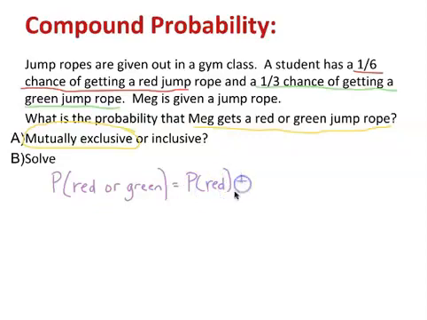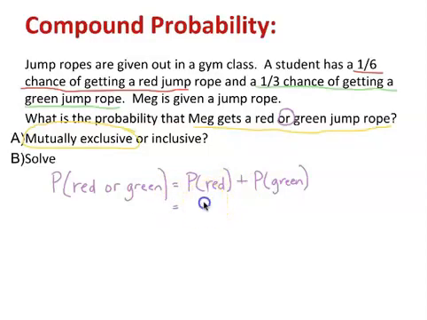We're going to add to it. The keyword or lets us know we're adding. And then the probability of getting a green one. And then that's it, because we don't have to subtract out the overlap since we're dealing with mutually exclusive events.